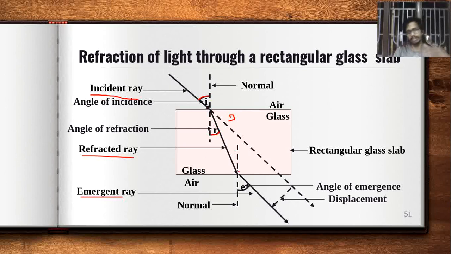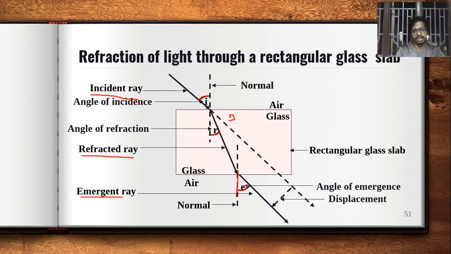Now when it travels through the glass and is now coming out of the glass, since it was traveling inside the glass and is now entering the air, that means it is going from denser medium to rarer medium. So that means it will bend away from the normal. So you can see this is the normal, and this is the angle.